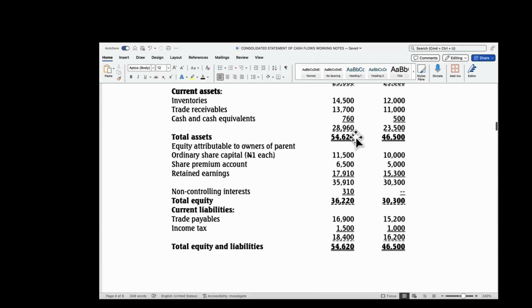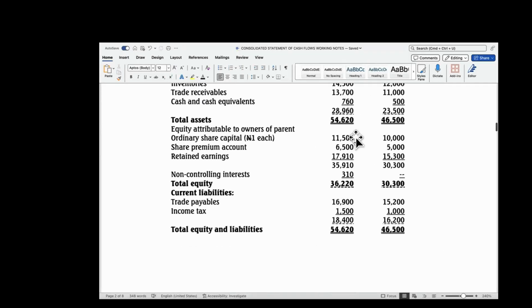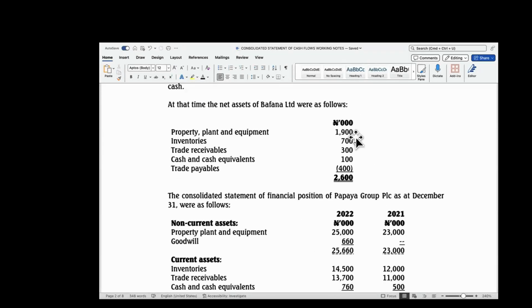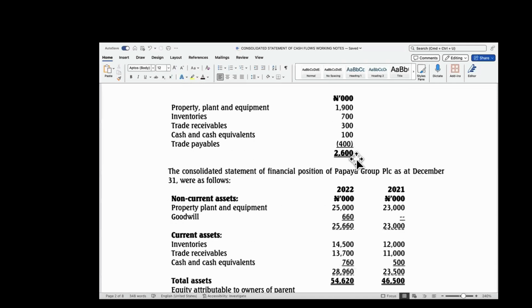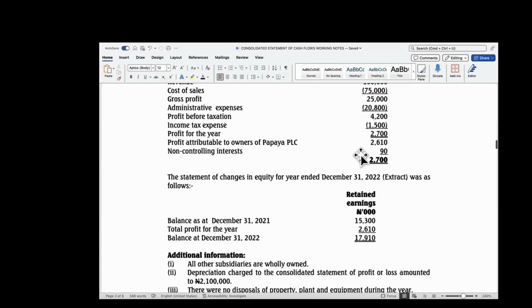Profit for the year. And what's our profit for the year? We have 27 for profit for the year, but we also have profit attributable to owners of Papaya PLC. Okay, that's correct.